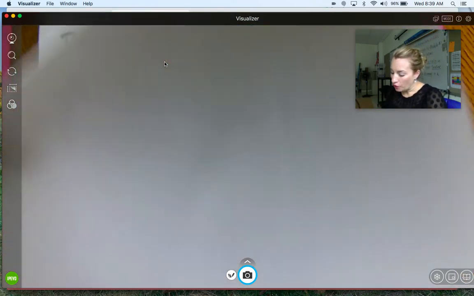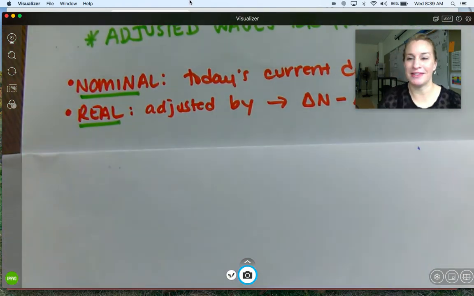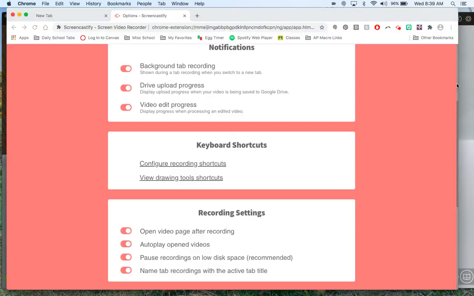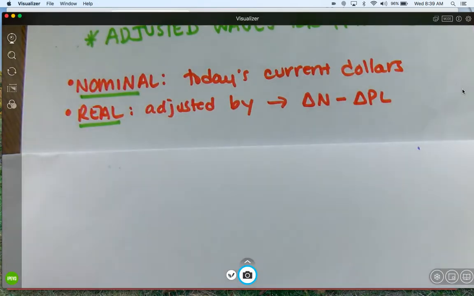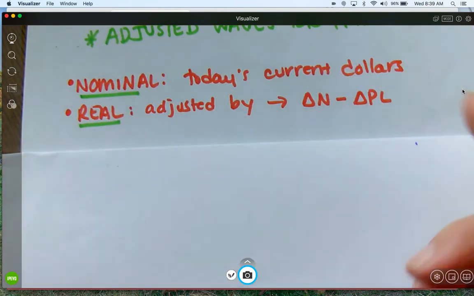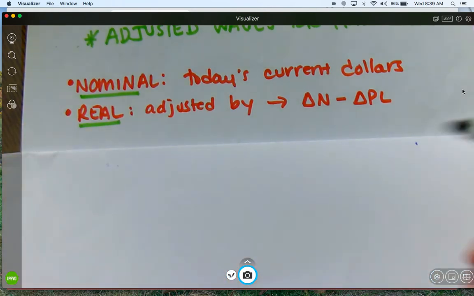So first of all, one of the things that's important for us to commit to memory, and I'm going to turn this off so I have more space, is that you know the difference between nominal and how to talk about nominal. So oftentimes we use the phrase current dollars. So we're in today's current dollars.